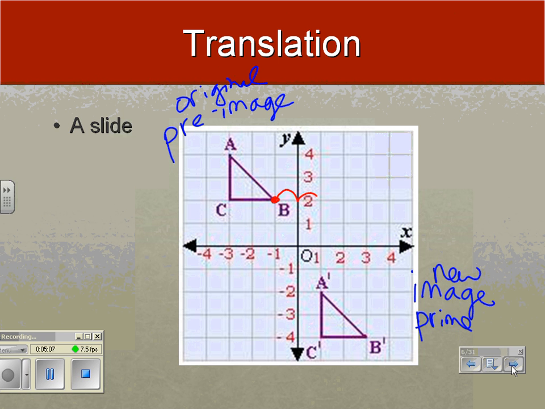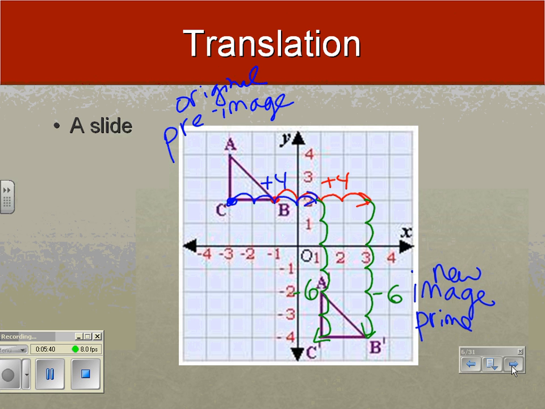So I move it 1, 2, 3, 4 units to the right. And then we move downwards 1, 2, 3, 4, 5, 6. So 4 to the right and then 6 downwards. Let's look at C. Again, we go 4 to the right, and then downwards 6. So for each point, you'll notice it's the same. 4 to the right and 6 downwards.